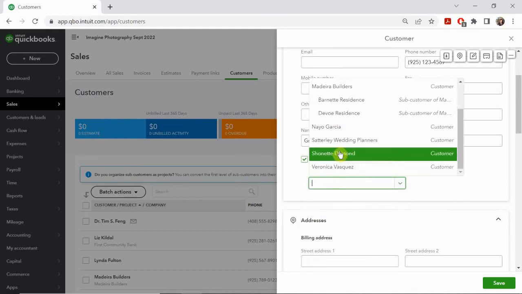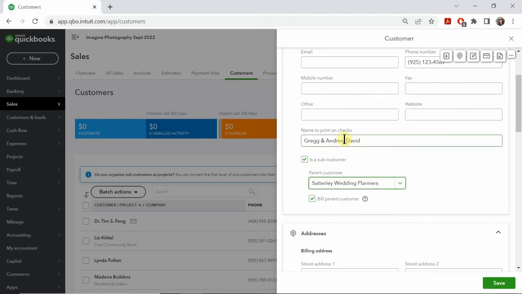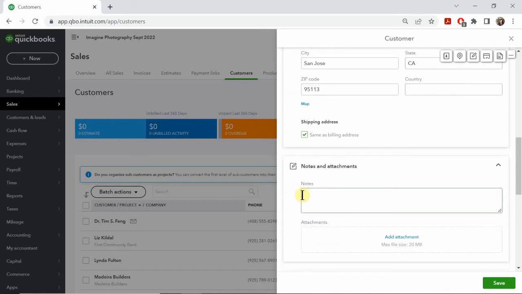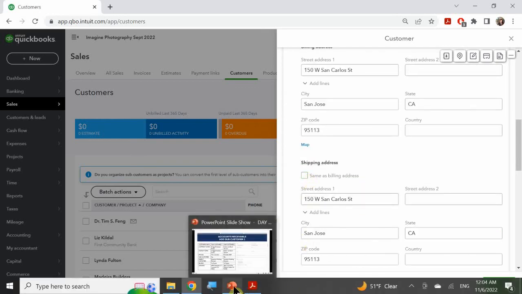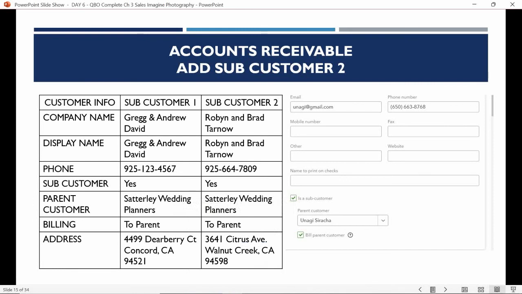So here you go, Satterley. Nope, that's the wrong one. Satterley Wedding Planners. And you're going to bill Satterley for that. And again, their shipping address is going to be different, right? Let's see what their shipping address is. It is 4499 Deerberry Court.